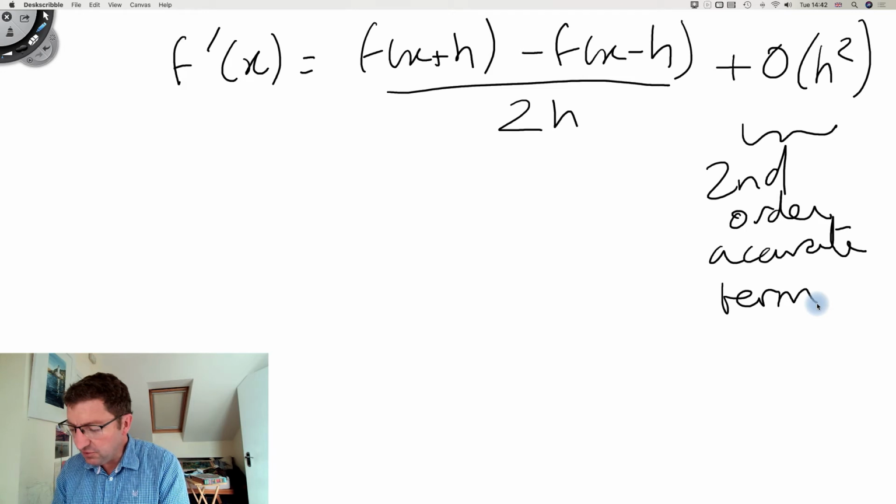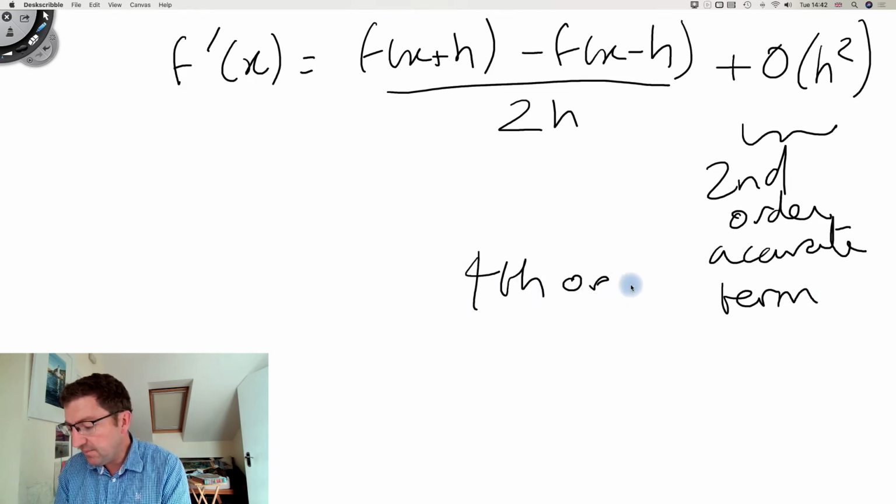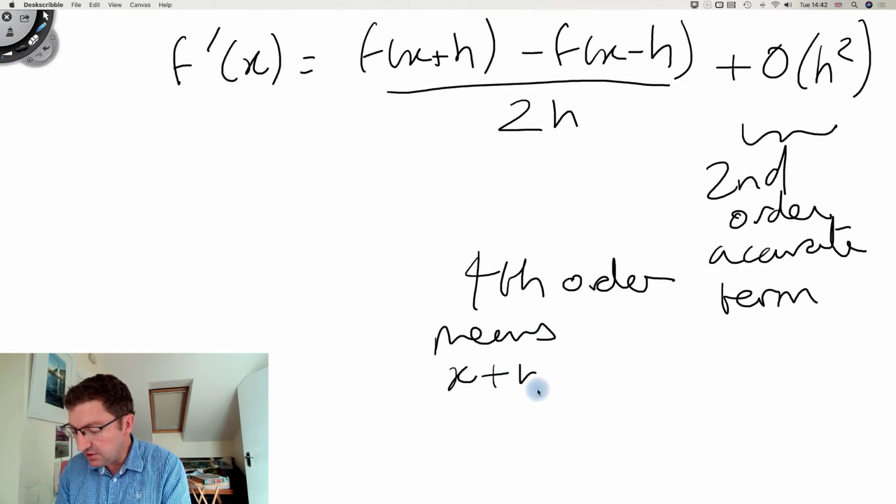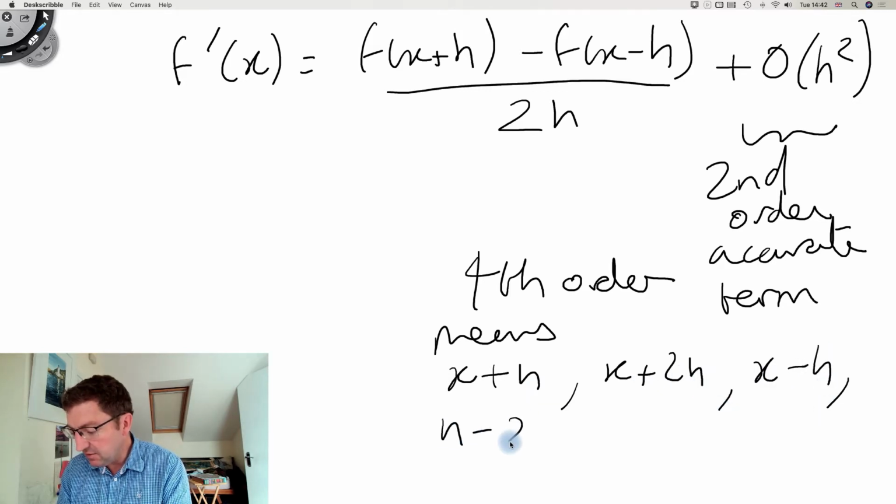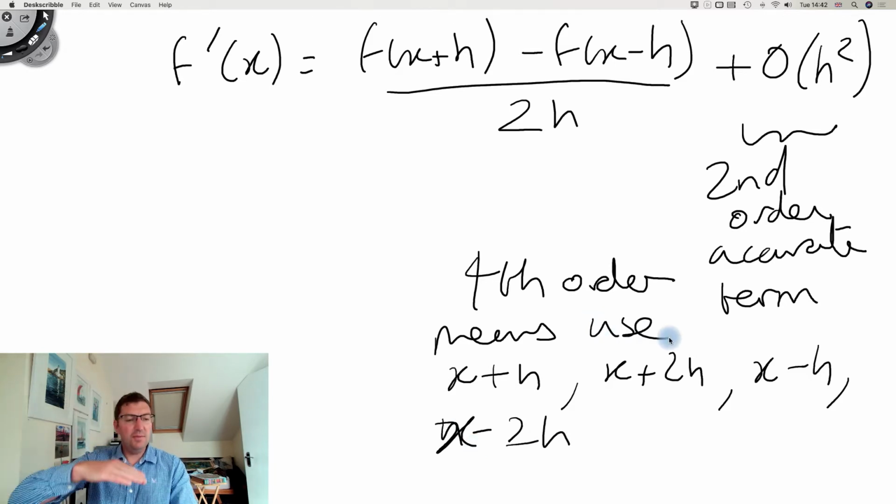So often for fourth order accuracy, that means using x plus h, x plus 2h, x minus h, x minus 2h. You build up your equations, and that allows you to eliminate more terms and remain with a larger term remaining.